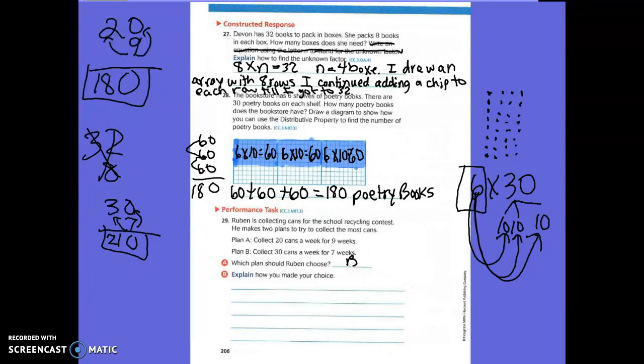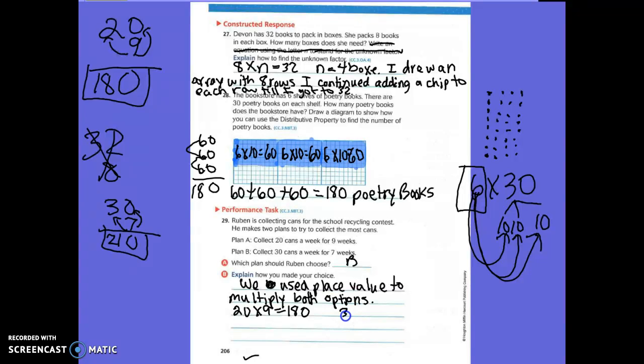How did we make our choice? What did we do? We used place value to multiply. So how do we make our choice? We used the place value to multiply both options. 20 times 9 equals 180. 30 times 7 equals 210. 210 is greater than 180.